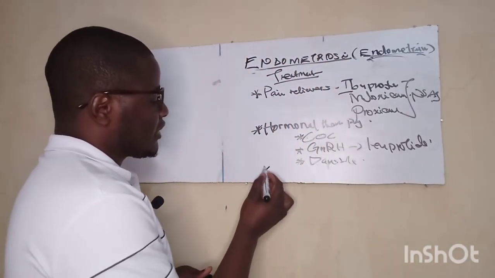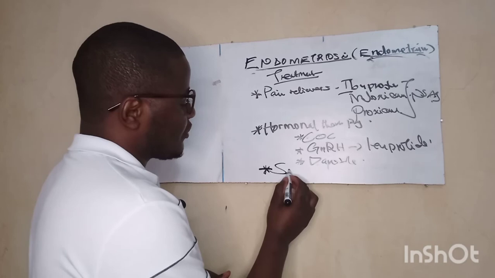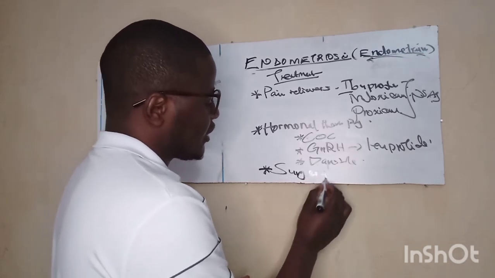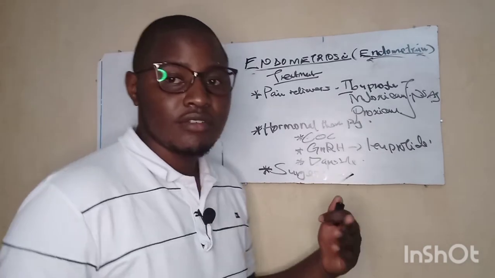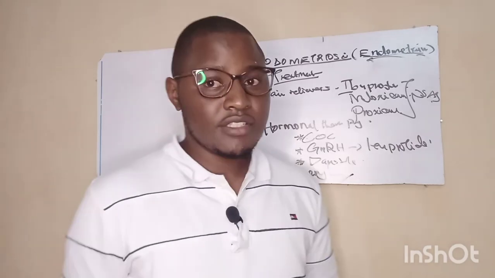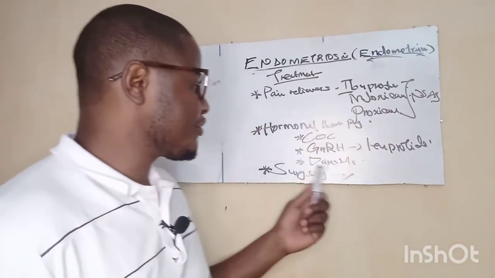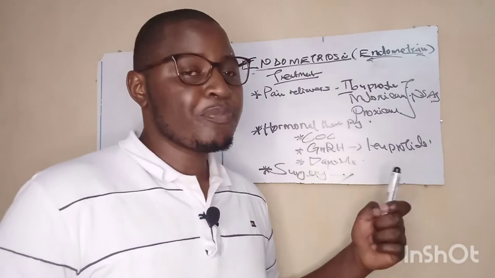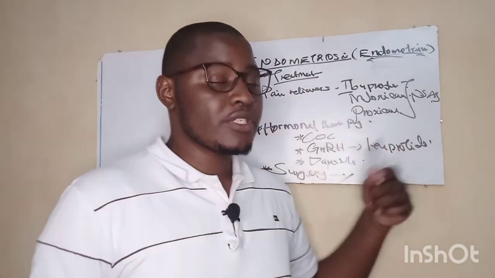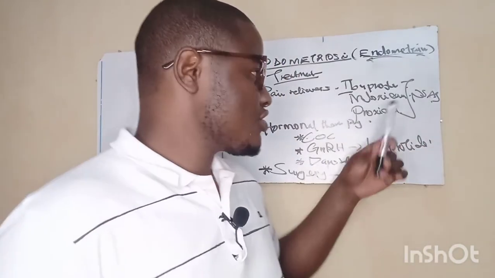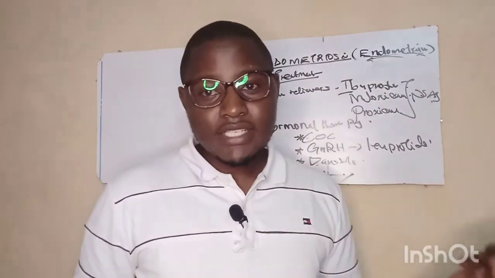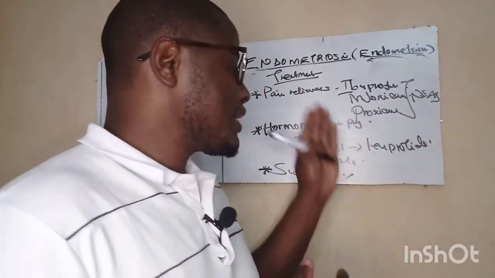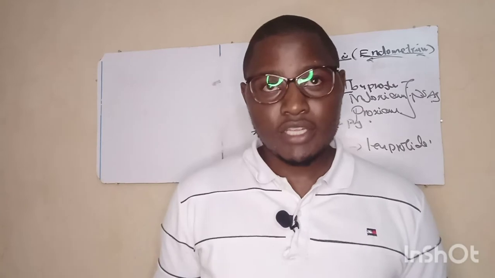We also have another basic treatment where we can have surgery, where you can have an operation done, and in this case we try to remove the lesions, and we try to remove all the adhesions that are around the uterus, all the adhesions that are around the ovaries, and all the adhesions that might also be blocking the tubes.